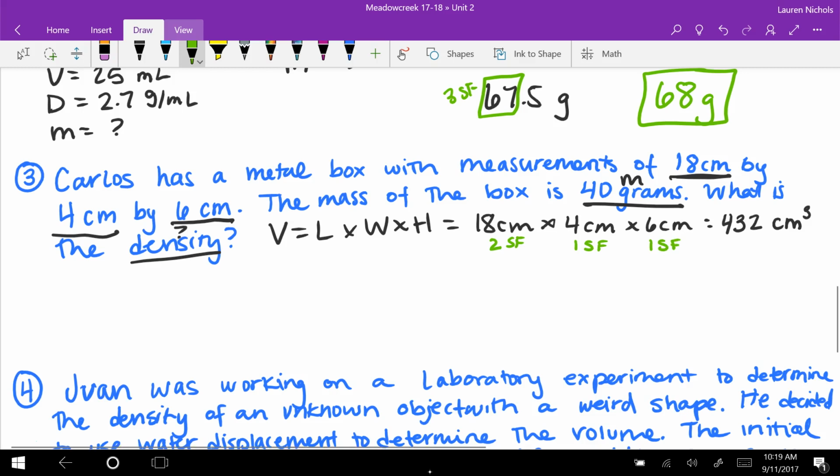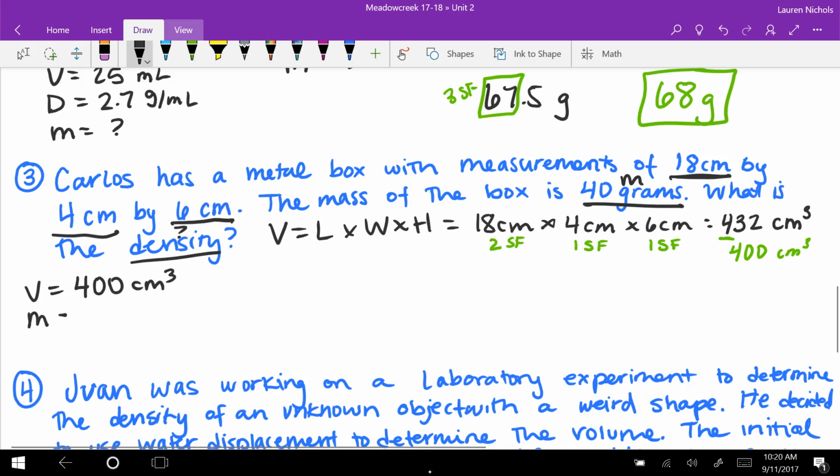So that means my answer should only have 1, but right now I have 3. So I'm going to look at my first significant figure, which is the 4, and I'm going to change the other 2 to zeros without a decimal so that I only have 1 significant figure, but I still keep the fact that my number is large, it's 400. And now I'm going to jump into the rest of the problem. So I know that my volume is 400 centimeters cubed.